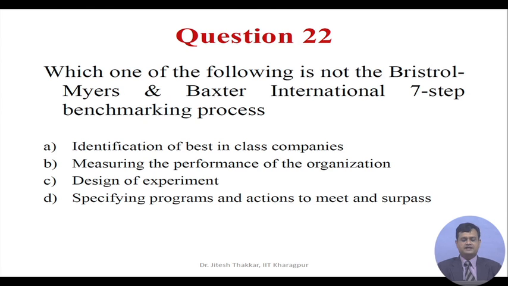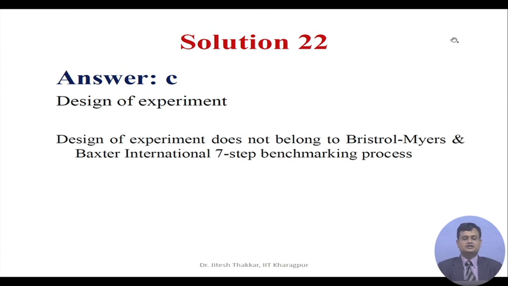Identification of best in class companies, then measuring the performance of the organization, design of experiment, specifying programs and actions to meet and surpass. So, the correct answer is C, design of experiment. This particular aspect does not belong to the Bristol Myers and Baxter International 7-step benchmarking process.